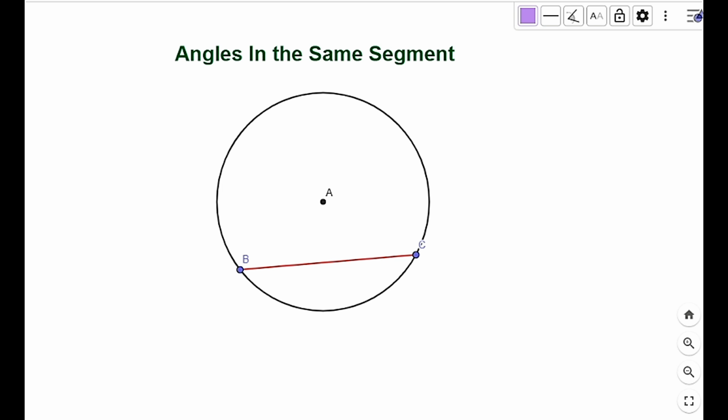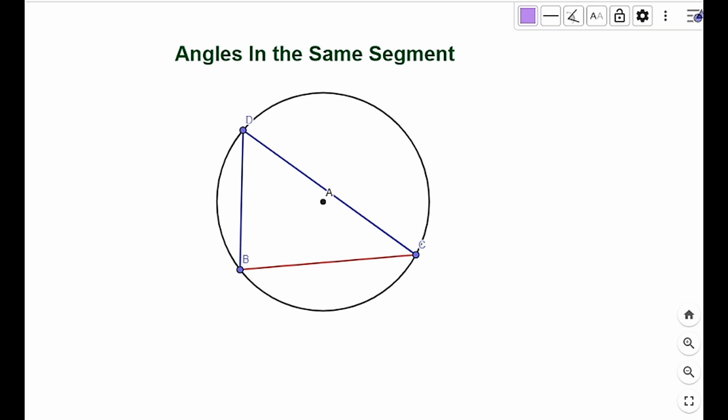Now we take a point D outside the arc BC, or we can say the segment BC. Point D is drawn at the circumference of the circle, and we join BD and DC.